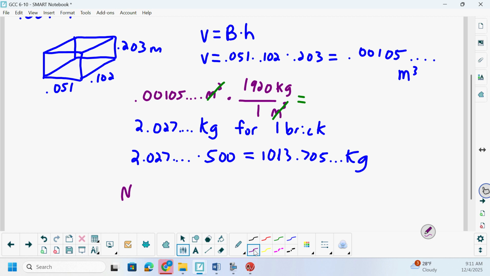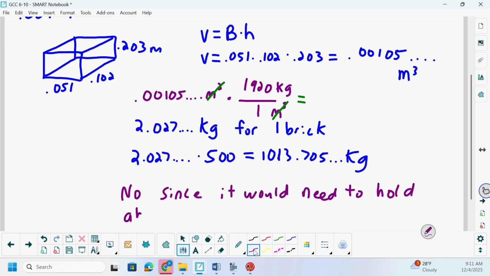We will say no, since it would need to hold about 1014 kilograms.